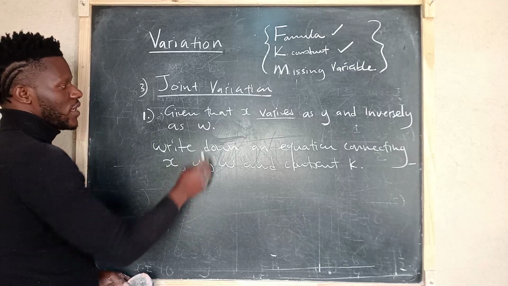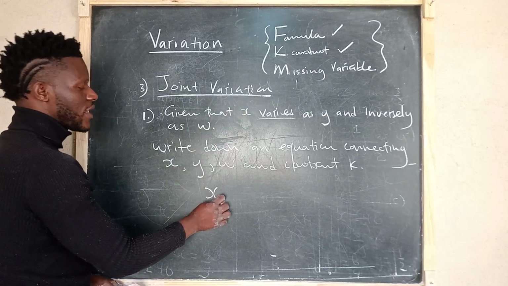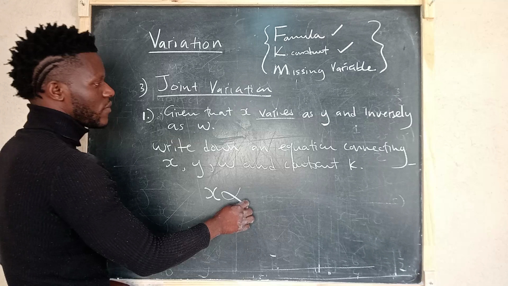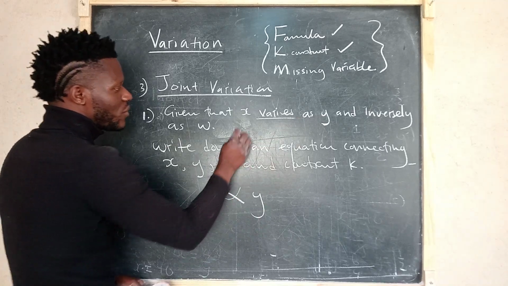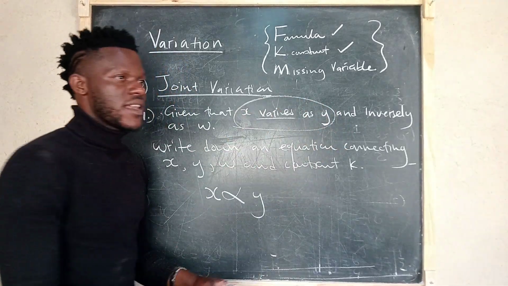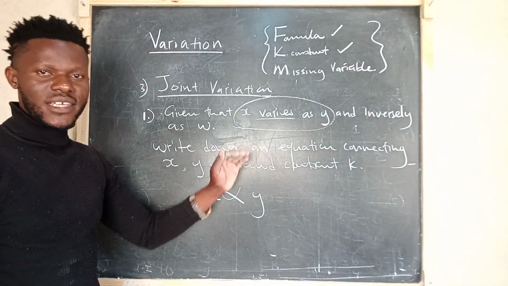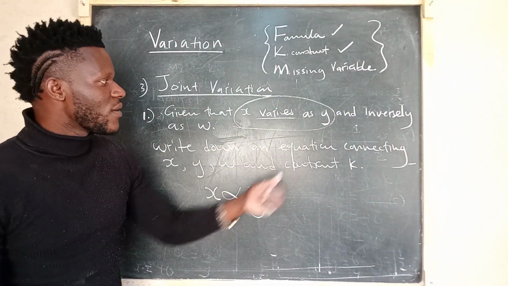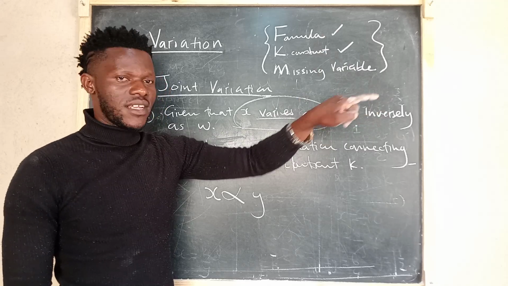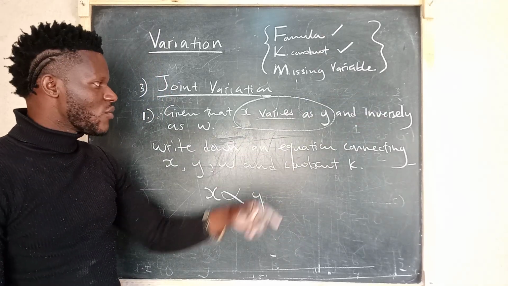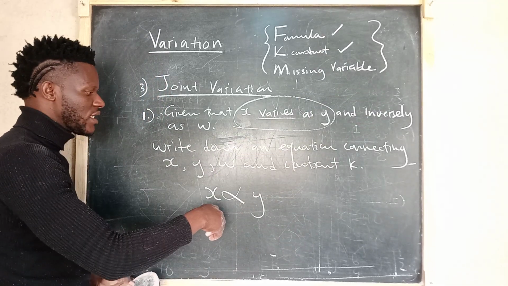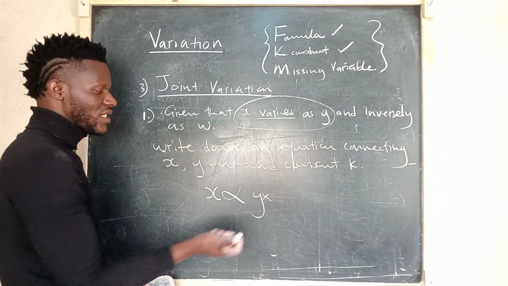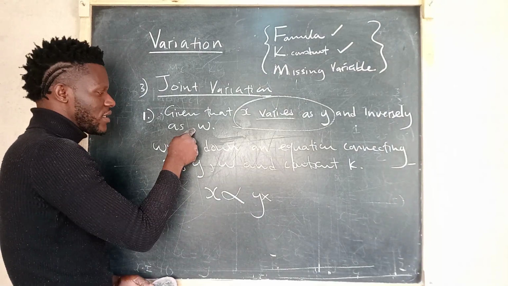Let's go through it. Given that x varies as y, up to the point they mentioned y, it is a completely direct variation. x varies as y. But now they said "and inversely", meaning the other term we are introducing now should be inverted. And means multiplication, inversely w.